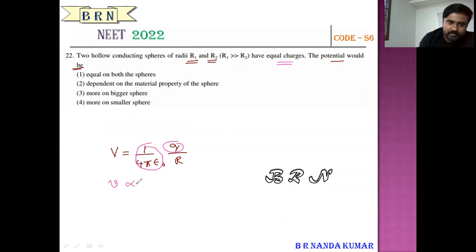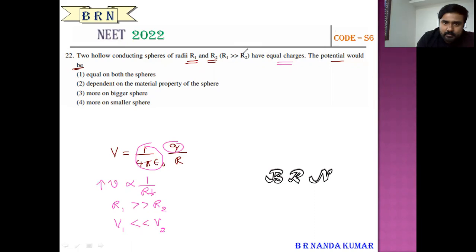So electric potential is inversely proportional to radius. So R1 is more than R2, that means V1 is less than V2. So V2 is more than V1. Andre radius kadme aadre, potential ಜಾಸ್ತಿ ಆಗುತ್ತೆ.